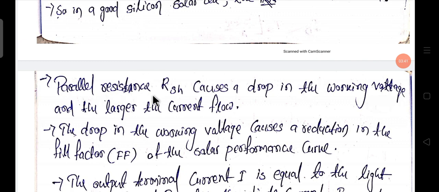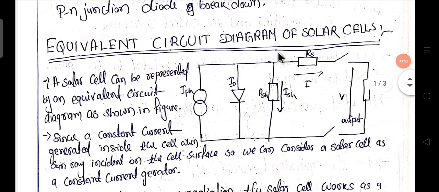The parallel resistance RSH causes a drop in the working voltage and a large current flows. Due to this parallel resistance, a voltage drop happens, so that a large current, ISH, flows through it.